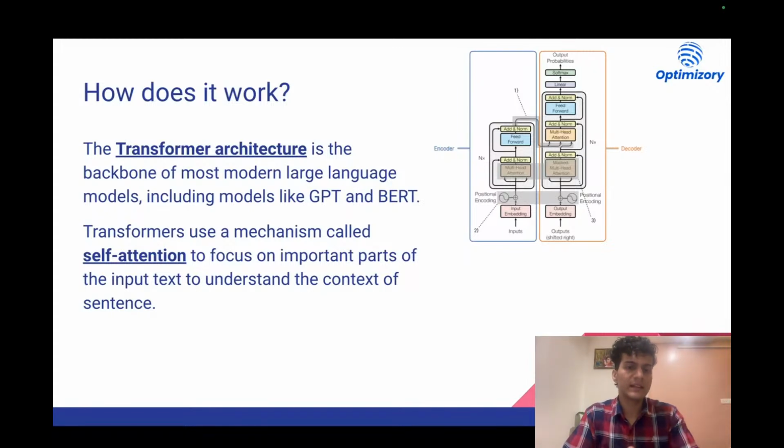So these words will get a low score, and everything is happening inside of this architecture. This architecture is a bit of an advanced topic. So for this introduction, this information is enough: everything is happening inside of this architecture, and there is this self attention mechanism which helps us to find the context of our sentence. So let's proceed.